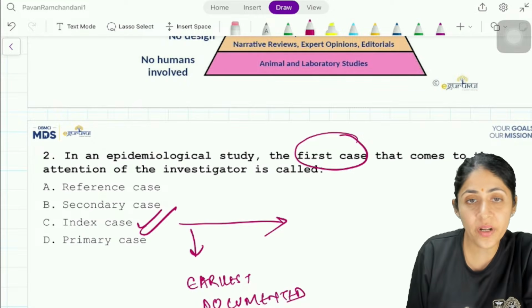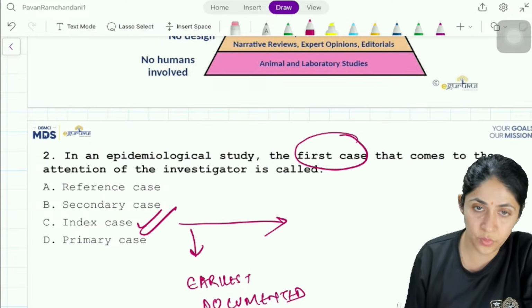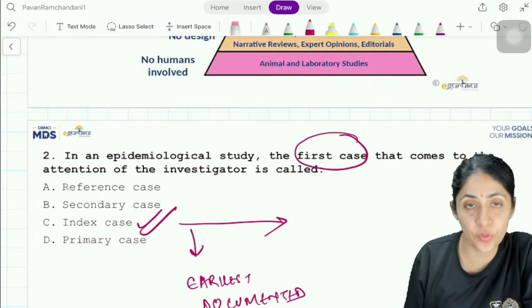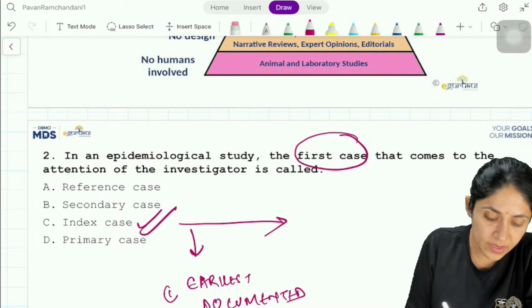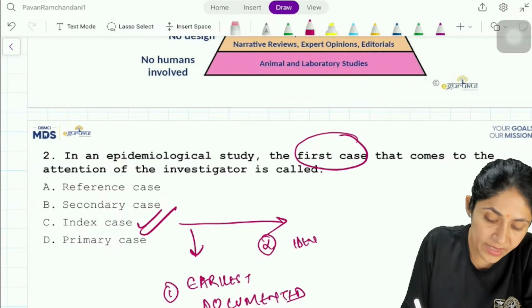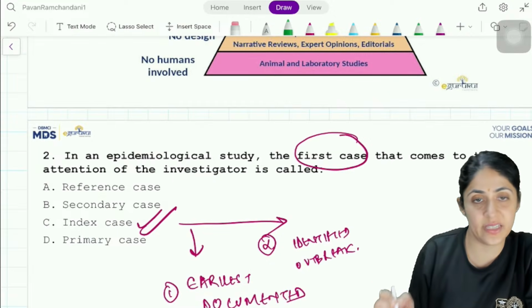Suppose there is an infectious outbreak. The first case that is identified and documented in an outbreak is the index case.